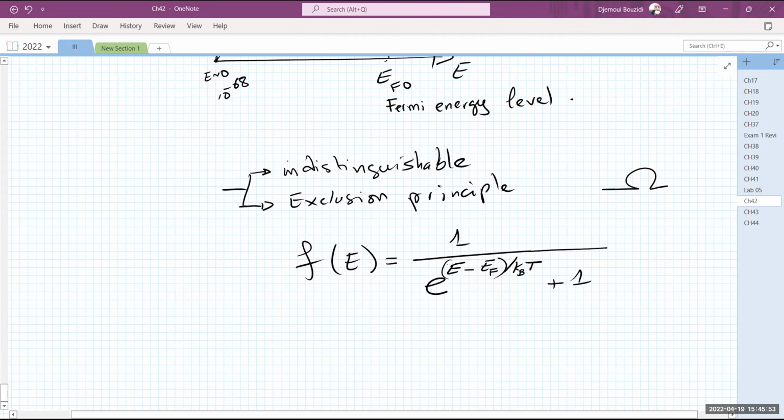Okay? So this is called the Fermi-Dirac distribution function.